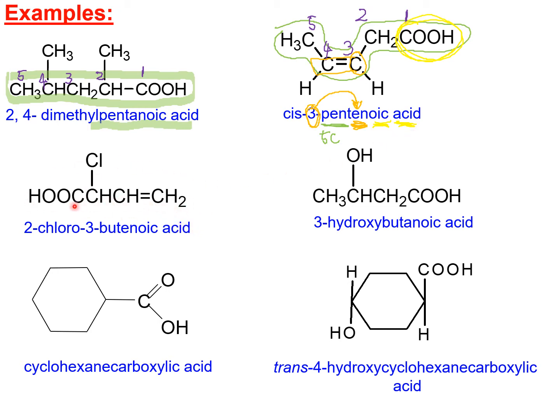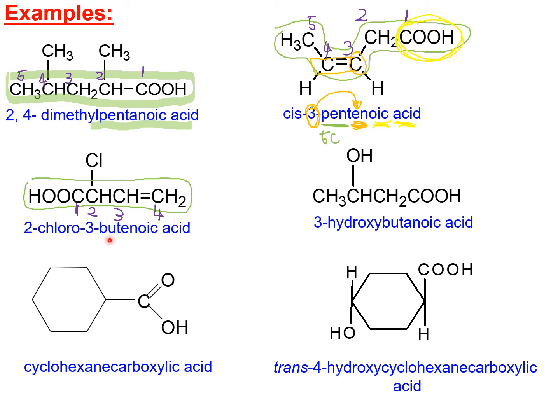Okay, next let's look at this one. Again, kita ada COOH, kita ada double bond, tapi the priority will be given kepada carboxylic acid. So I'm going to circle the longest carbon chain here as the parent, di mana COOH C ni akan jadi carbon number 1. This one carbon number 2, 3, 4. So you know that the longest carbon chain here ada 4 carbon.